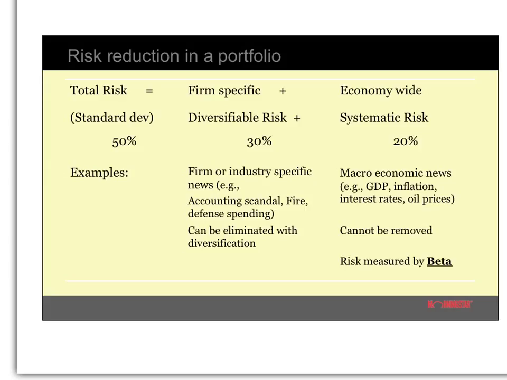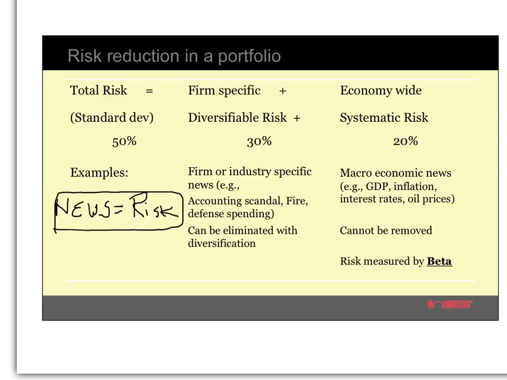Then, as the year goes by, over the next few months, new information comes out. And this new information, or news as we call it, is by definition not predictable. Sometimes it's positive, sometimes it's negative, but we can't tell what it's going to be today. And this news causes our expectations to change, and therefore the actual outcome over the next 12 months differs from what we thought it was going to be as of today.